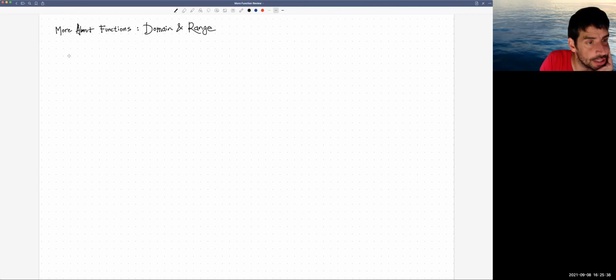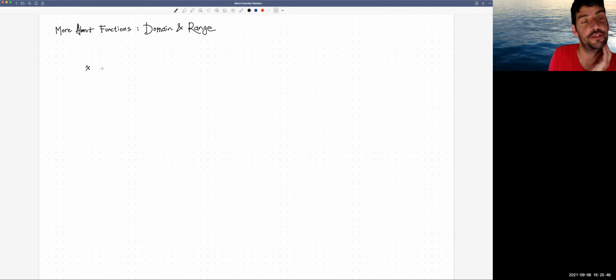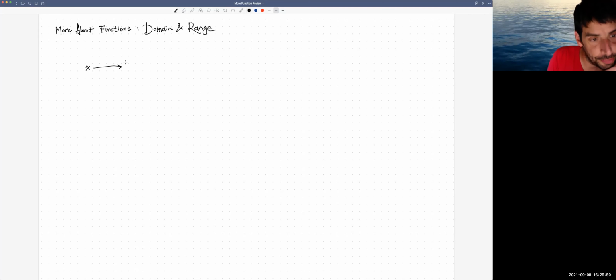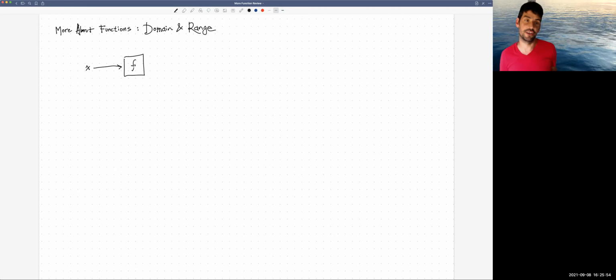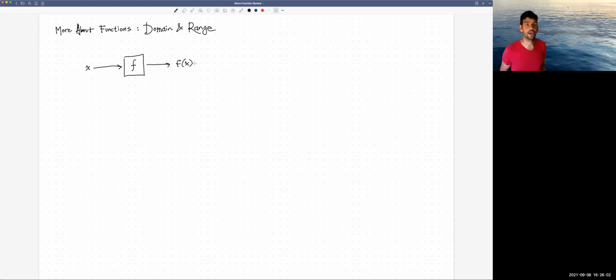So let's just quickly remind ourselves that one way we can think about a function is we take something, I'll use x to represent that something, and we put it into a little machine that's going to represent our function, and that function does something to x and spits out a new value, right?